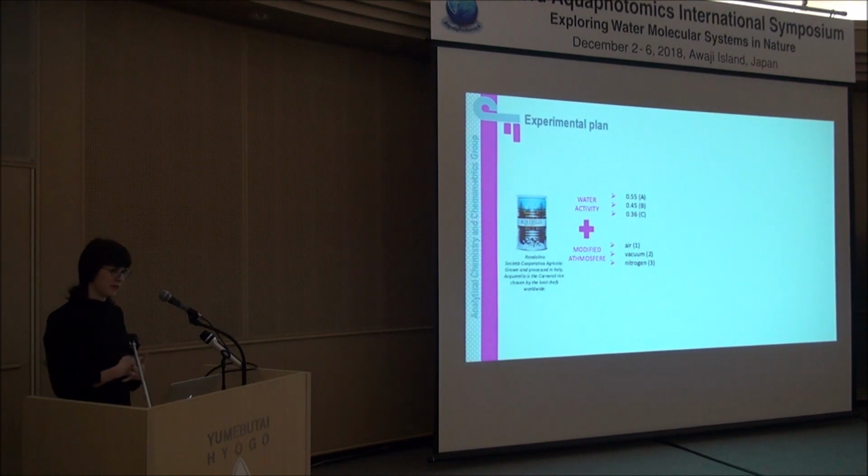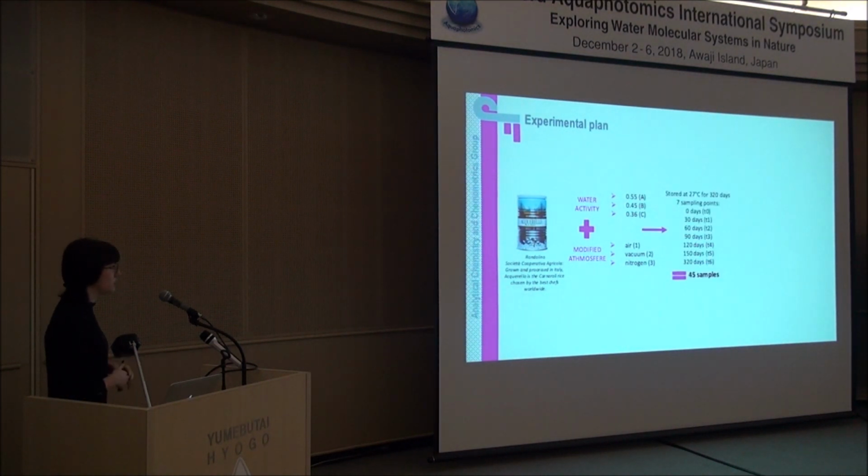Remember that it is not rice but rice germ, and we applied three levels of water activity coded A, B, and C, and three modified or storage atmospheres: air, vacuum, and nitrogen. I would like to underline that the water activity is not water that we added to the sample, but we removed, with the vacuum oven, the moisture that is inside the rice germ.